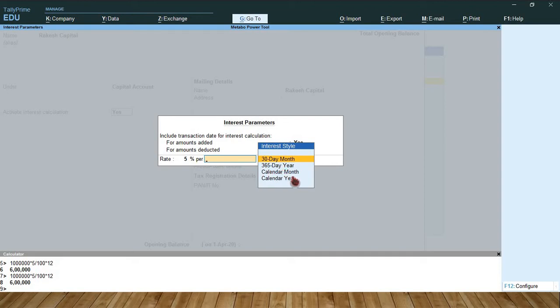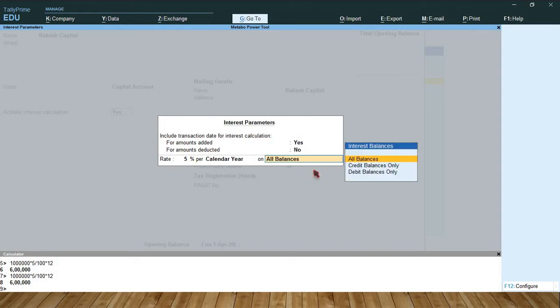And calendar month: suppose you select calendar month, then it will be calculated as per the calendar days. Calendar year will be calculated over the whole calendar year. So you have to select calendar year, because it is 5% per annum.